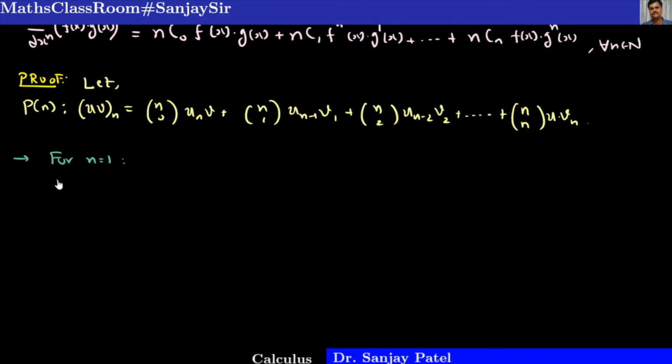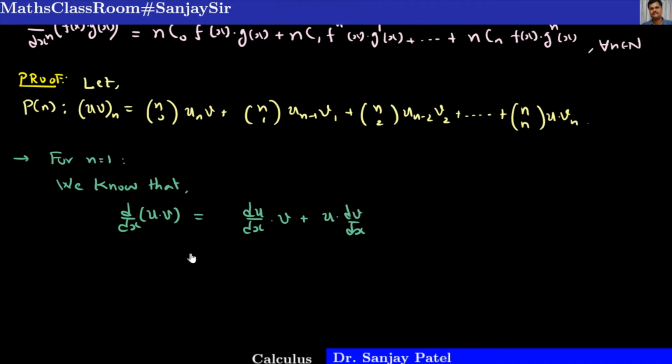Now we know that the first order derivative of the product of the two functions u and v, d by dx of u into v, we can write as du by dx into v plus u as it is into dv by dx.